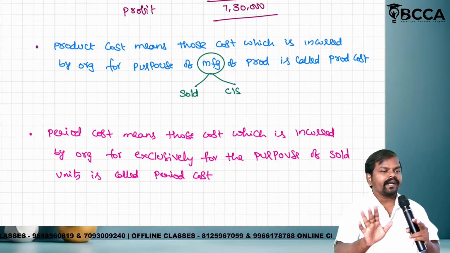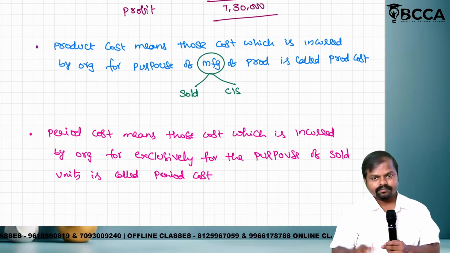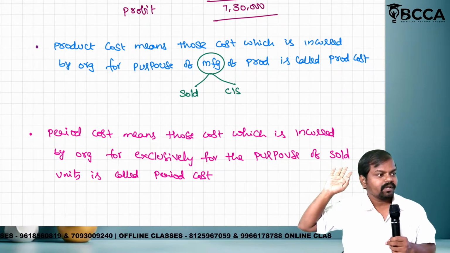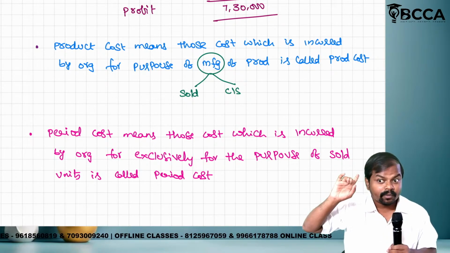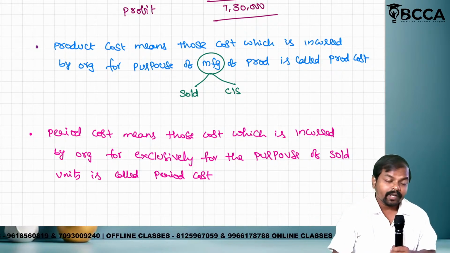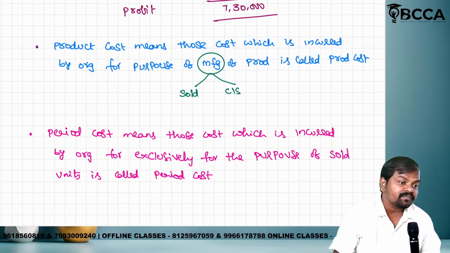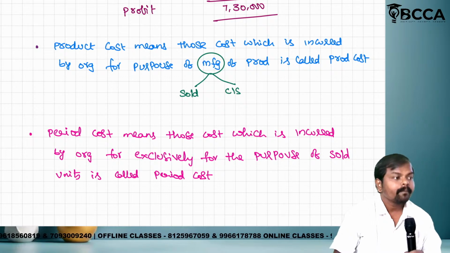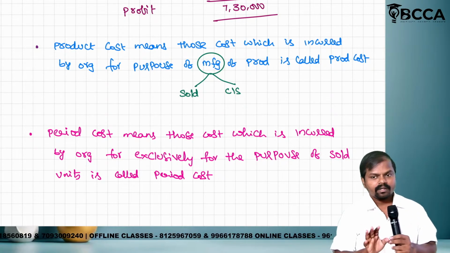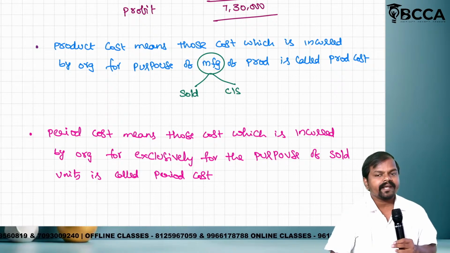All P&L account items will be referred to as period cost. Trading account, you know, from accounts in previous stage. Now tell me, all trading account items will be referred to as what? Product cost. All P&L account items? Till now clear?